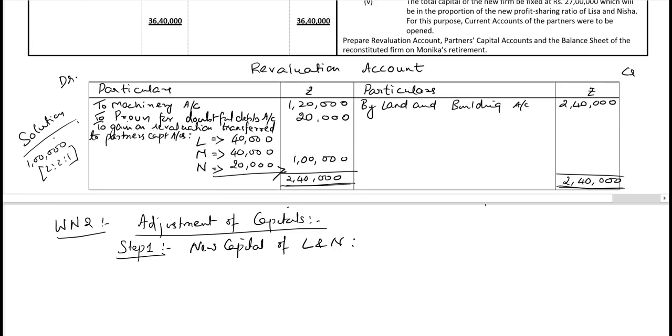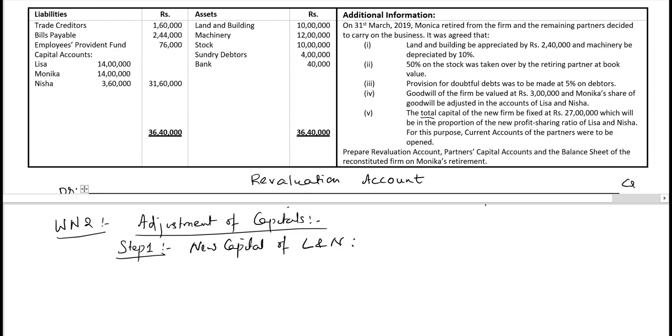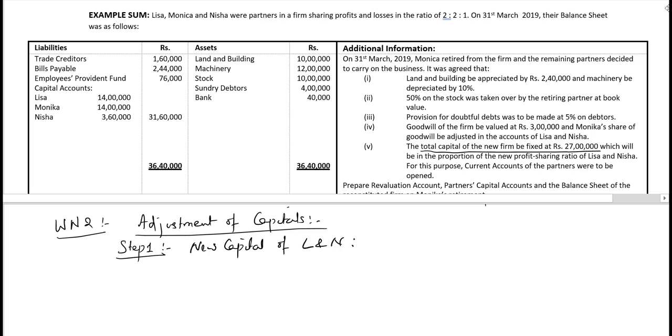As per the question, the total capital of the new firm is to be fixed at 27 lakh in the NPSR, and since there is no mention of the gaining ratio or gain etc., the NPSR is 2:1 between Lisa and Nisha.